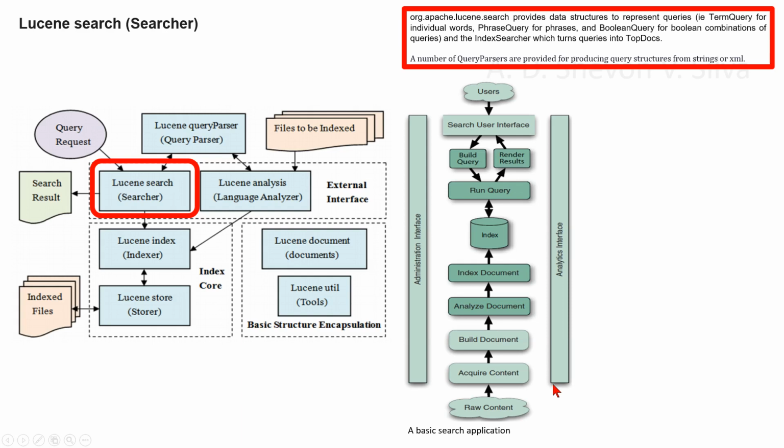The two main steps involved in a search application which the Lucene library provides support for are: one, indexing the document in a searchable format; two, parsing the search query and returning the relevant result.